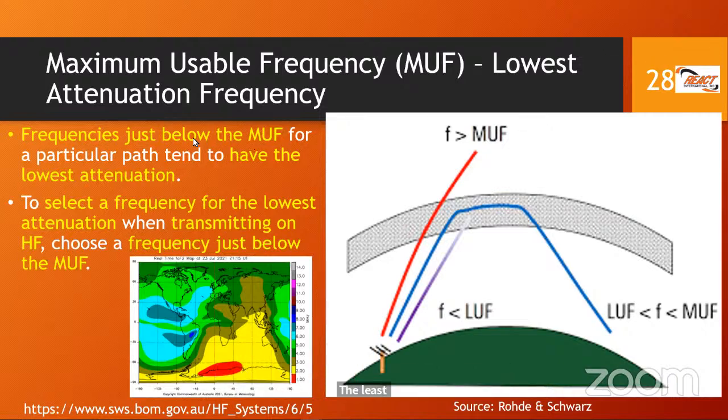So this is an exam question: frequencies just below the maximum usable tend to have the lowest attenuation. Therefore, when we are selecting a frequency on HF and we want the lowest attenuation, we just choose a frequency just below the maximum usable. So these two bullet points say just about the same thing. Okay.